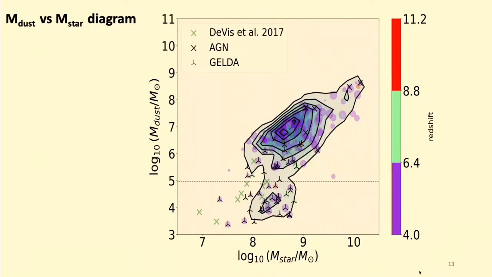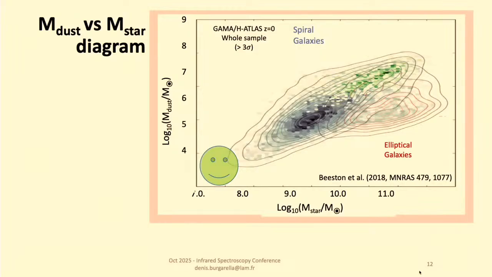Again, redshift, stellar mass. Here we have the dust mass with the same AGN and GALDAs. I added a sample of galaxies at redshift almost 0 from Davis et al. They have this object, but they write in the paper that they don't know what they are, and they are located in about the same region. So what do we have here? We have a trend here, which is the same one that we observe here.